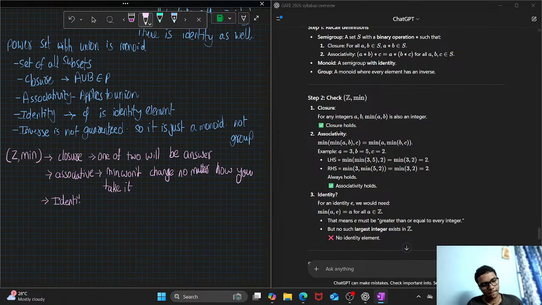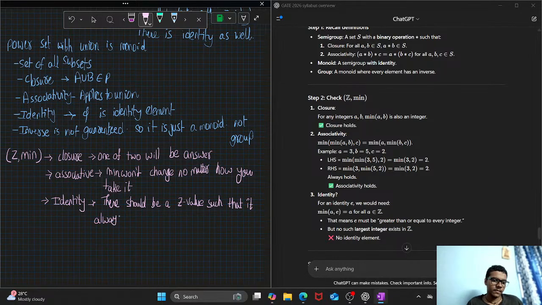Identity: there should be a set value such that it always returns the minimum when combined with another number.